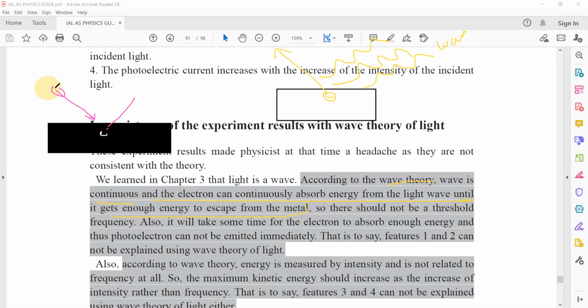It means the energy of a photon should be higher than the energy required to remove the electron. But according to wave theory, any energy, because a wave is a continuous source of energy, should remove the electron, but this does not actually happen. What happens is the opposite. So this gives an idea that particle theory can explain the photoelectric effect, and light is behaving like a particle, not like a wave. Is it clear?